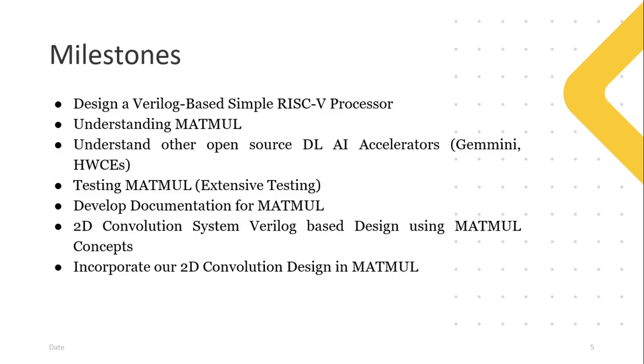Next, we partnered with a US based company named Accelerium, which has an open source accelerator named Matmel. Their project does effective matrix multiplication. We planned to work with them, and they asked us to do extensive testing of their already built design, and also to modify the things that we think could make a difference.